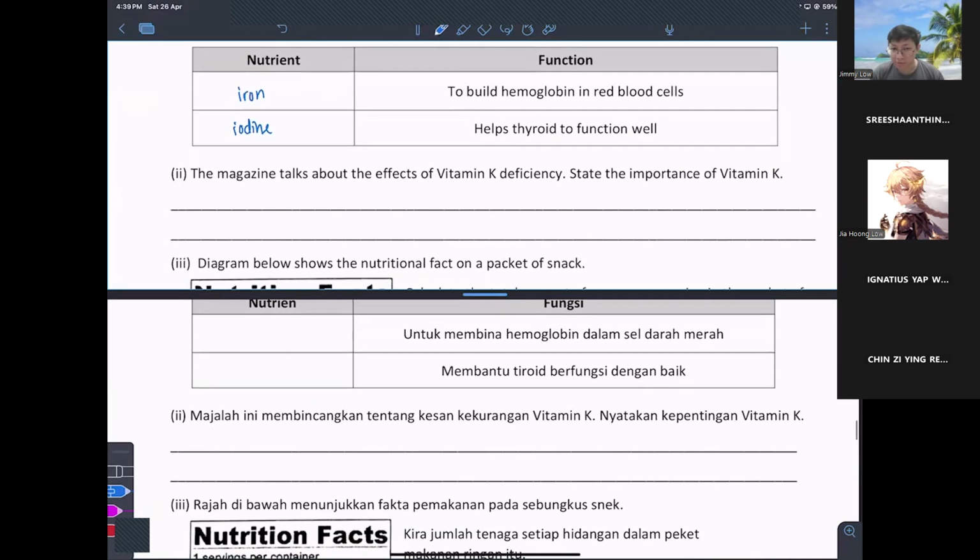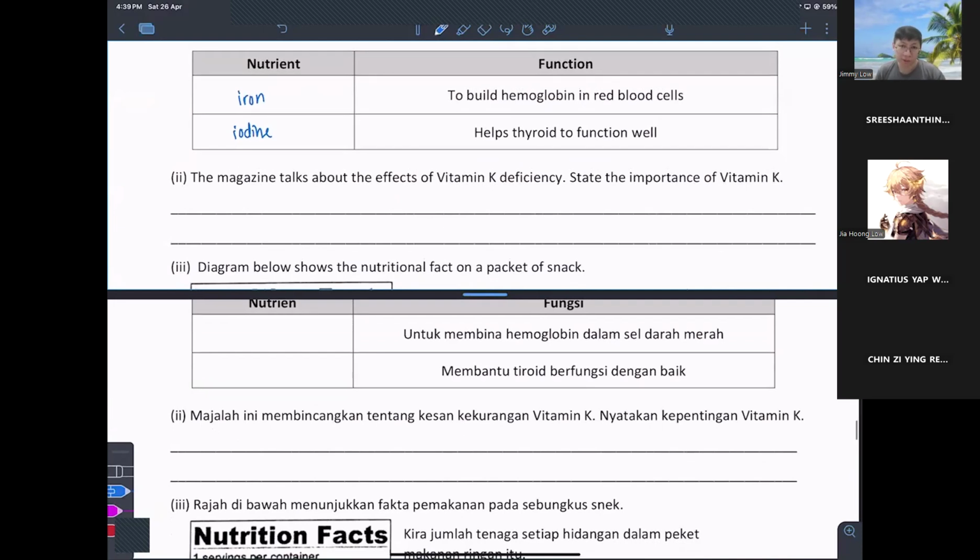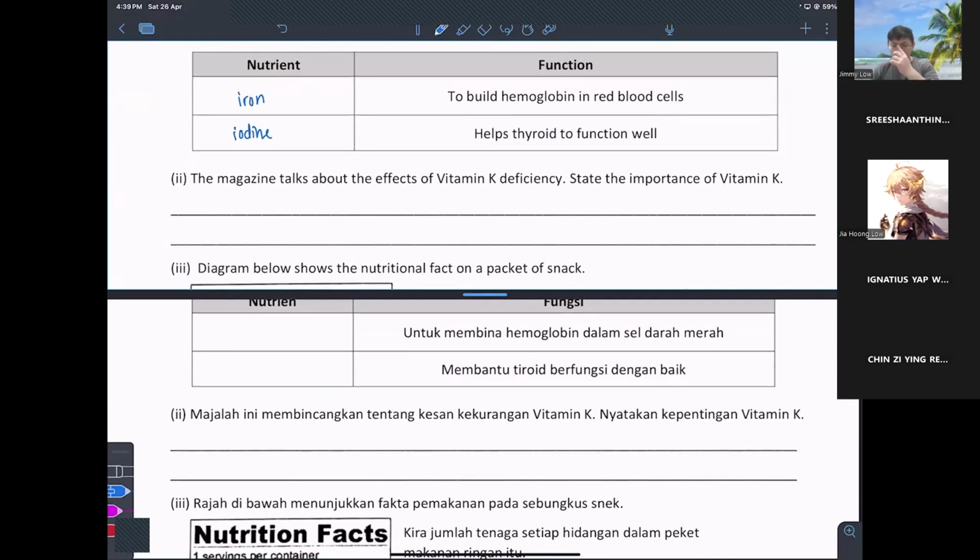Not just in subjective, they often ask you in the objective as well. Very, very often. So the importance of vitamin K is what? Mainly helps you to what? Whenever the question asks you to construct a sentence, you make it a sentence. You don't make it a point, because when you give a point, the marker may not be able to interpret your point.